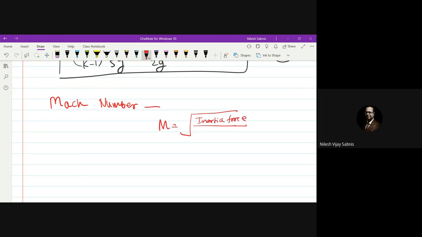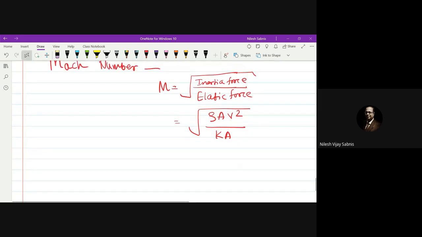As we saw in the dimensional analysis, same concept is here. It is a non-dimensional equation. Inertia force is given by rho A V square, divided by elastic force, which is given by K A. What you will get finally is under root V square upon K upon rho.